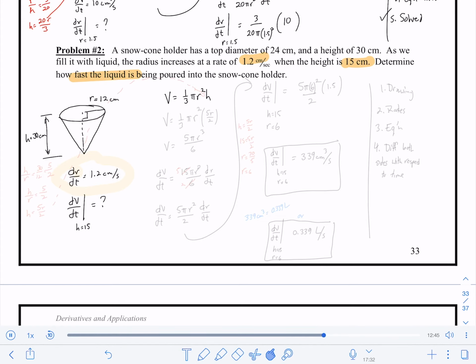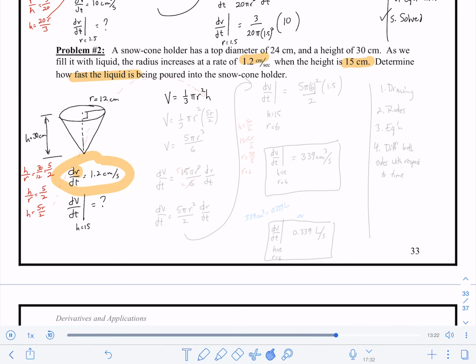In this case, we want to change this into an r problem, because we've been given dr/dt. So I'm going to use my little key over here: height to radius is 30 to 12, or if we reduce that, dividing them both by 6, 5 to 2. Height to radius is 5 to 2.